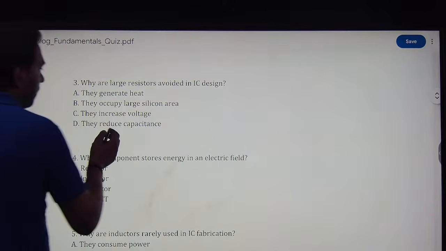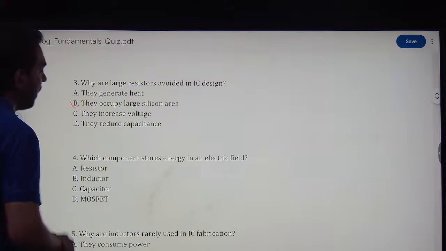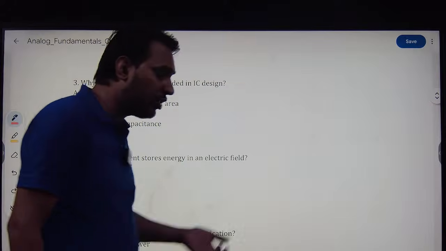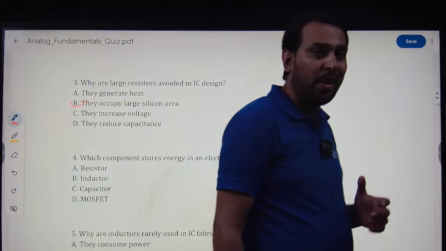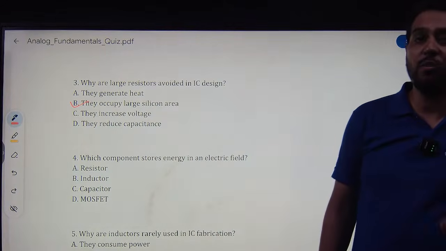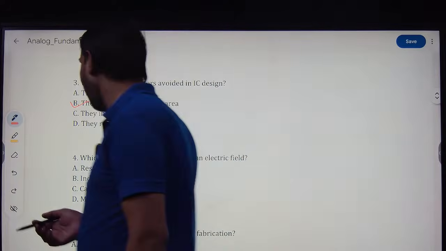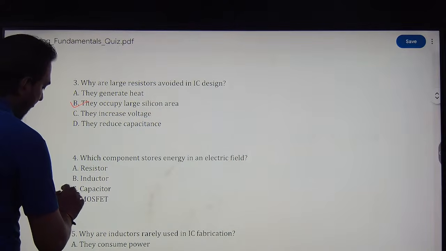So the third answer is occupying large silicon area. Fourth question: which component stores energy in an electric field? Of course, a capacitor stores energy in the form of electric field, and an inductor stores energy in the form of magnetic field. Resistor does not store energy, inductor does not store it in electric field, capacitor only.